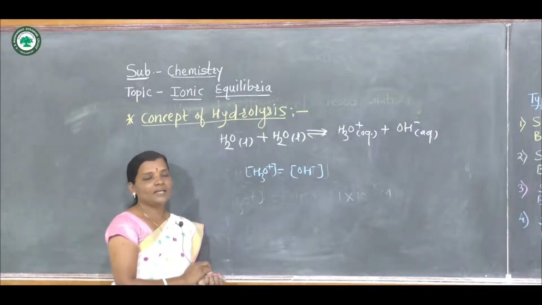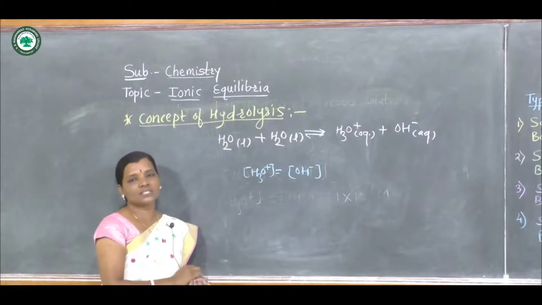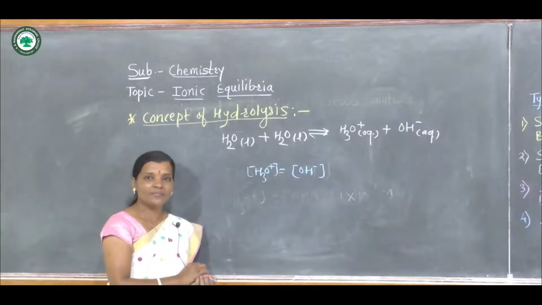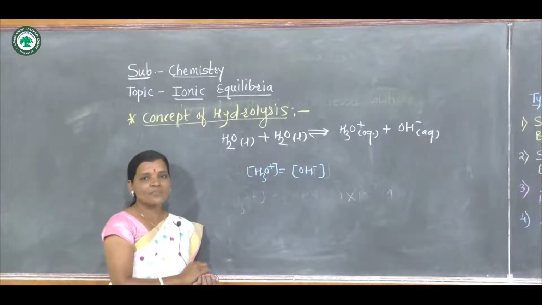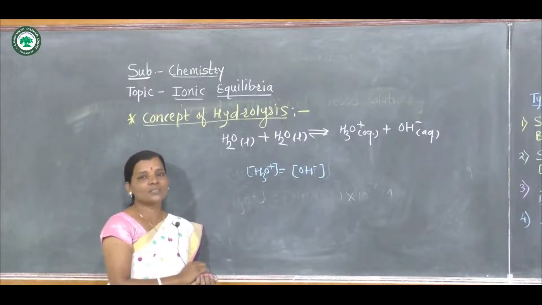But when the salt dissociates in water, and if one or more of the ions of that salt interact with water ions, then the solution may become acidic or it may become basic. That depends upon the strength of the ions, or upon the type of the salt.